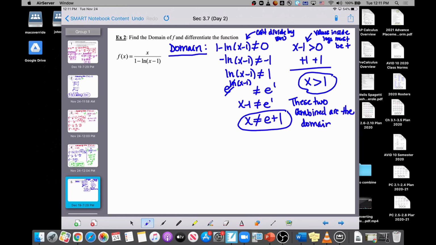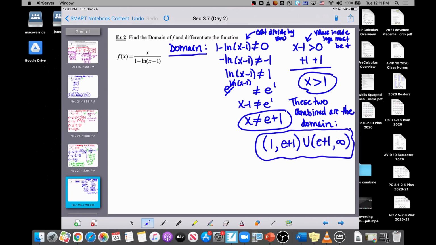So these two combined are my domain. So my domain is going to be from 1 up to the value of e plus 1, but not including that value, and then from e plus 1 up to positive infinity. Okay, so here's my domain. That was the first thing that they asked us to do, is find the domain of f.